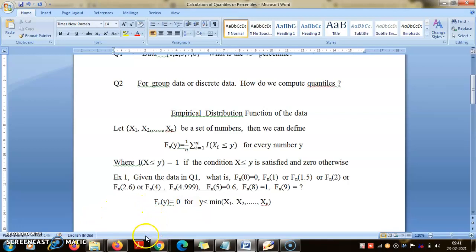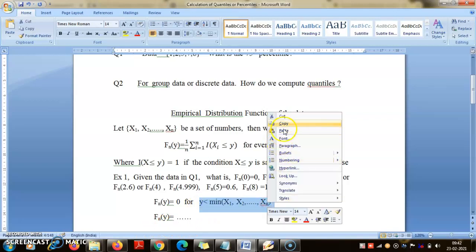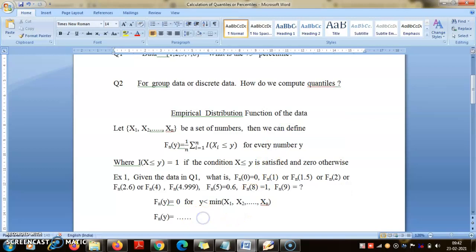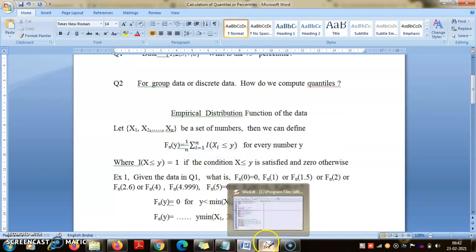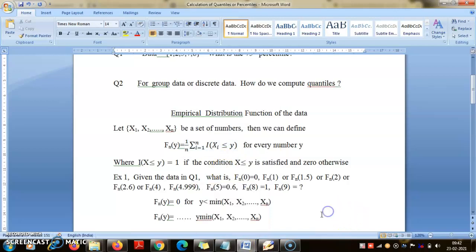And can you tell me what F_n(y) will be equal to for y equal to or greater than the maximum? That is for you to answer.